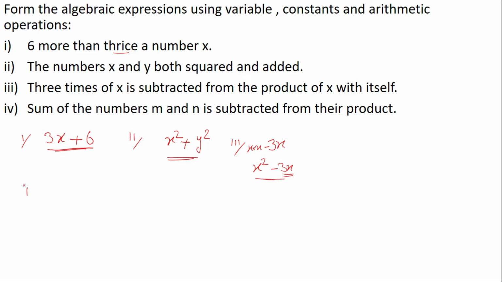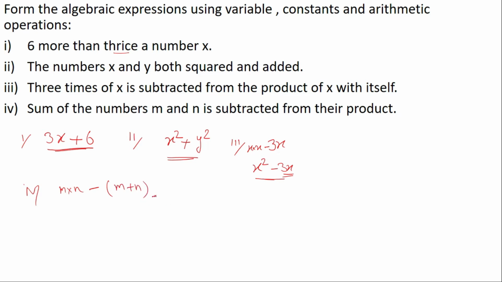Number 4, sum of numbers m and n is subtracted from their product. So first what will we write? First we will write the product, that means m into n, and the product minus the sum of numbers m and n, m plus n.